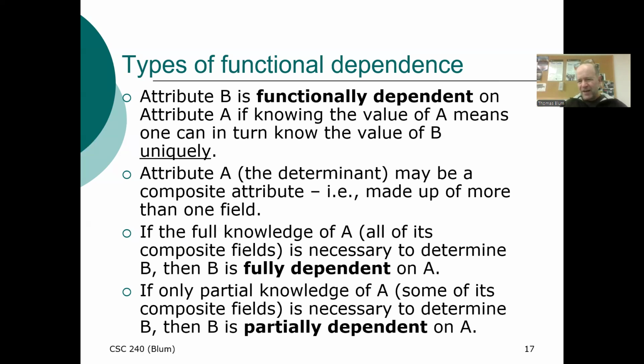If A is just a single attribute, then there are no partials. But if A is composite, if it has a number of fields, then that gives the possibility of some partial dependence.